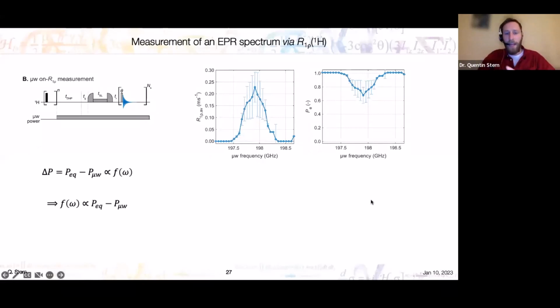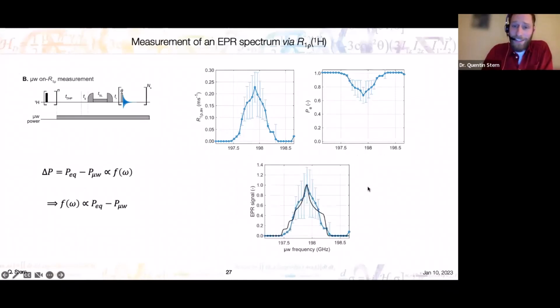And I make a hypothesis similar to what people do in longitudinally detected EPR, LODESR, which is to say that the change in electron polarization when I switch on the microwave is proportional to the number of spins at this frequency. And so from this plot, I can get an EPR spectrum.